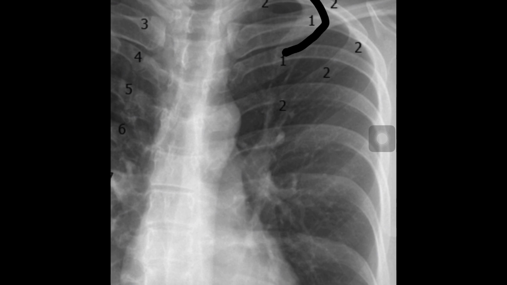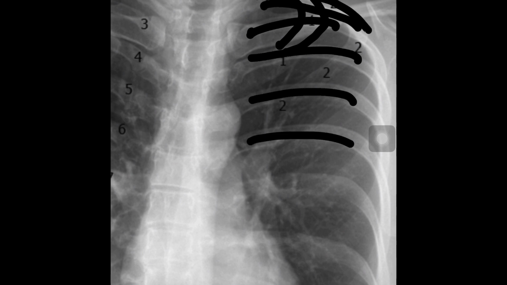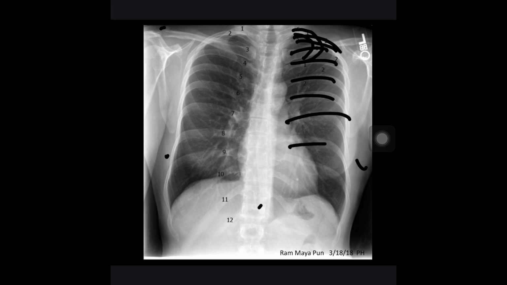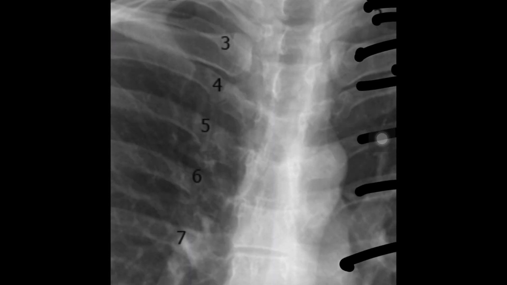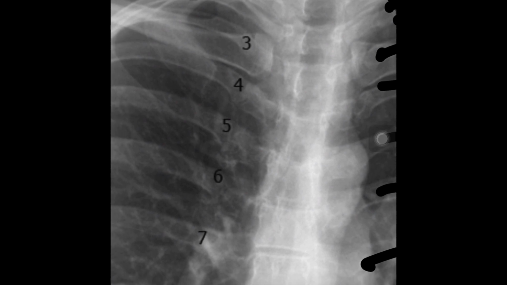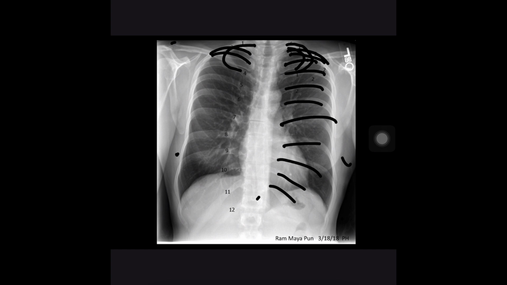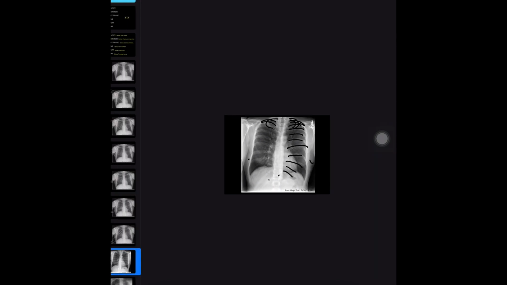First and then second, the others are clearly visible. Third. These are the things which you should not miss.